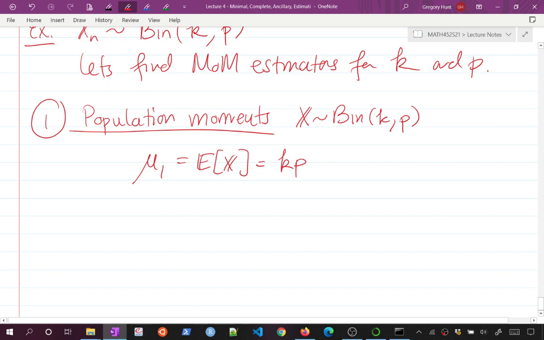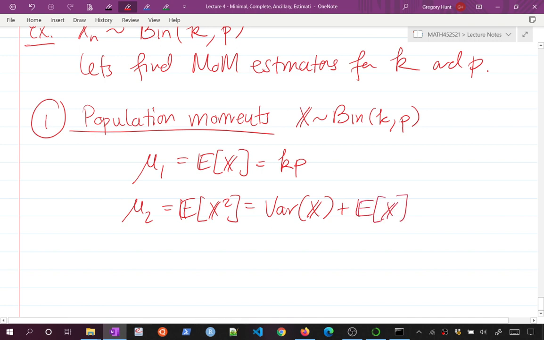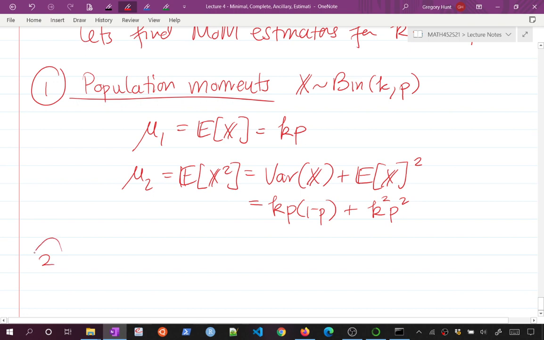And mu2, which is the expected value of x squared, is the variance of x plus the expected value of x, quantity squared. The variance of a binomial k, p is k p times 1 minus p, and the expected value is kp, so if you square that, that's k squared p squared. Step 1 done. Those are the population moments.